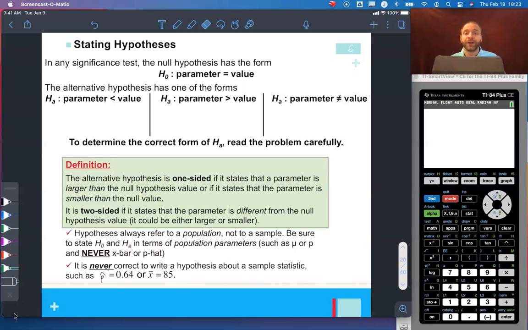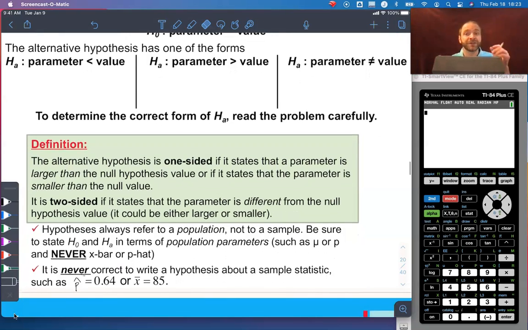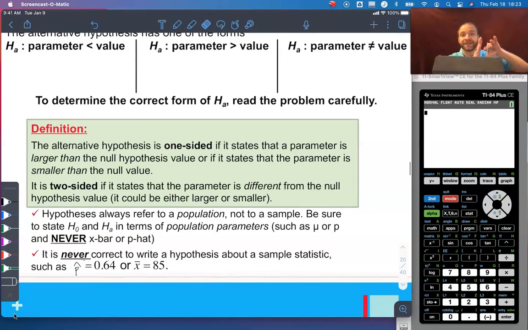Now you have three spots down there that you're going to draw some distributions for. We're going to write them in and look at what the different tails of these hypotheses look like. To determine the correct form of your alternative, you need to read the problem carefully. There are one-sided alternative hypotheses, your less than or greater than, because that is one-sided, either in the tail on the right side or the tail on the left side.